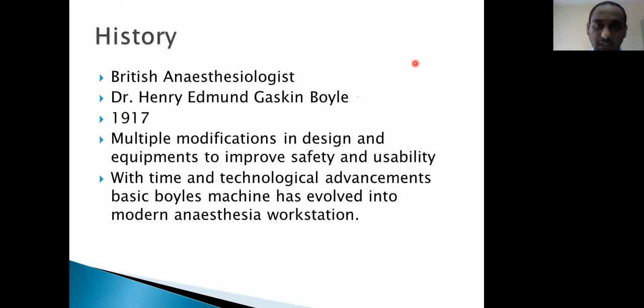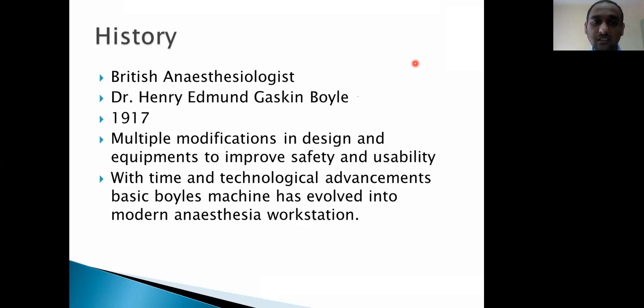The first time that a continuous flow anesthesia machine was used, it was by Dr. Henry Edmund Gaskin Boyle. He was a British anesthesiologist who recognized the need for an integrated machine by which the various anesthetizing and life-saving gases can be administered in a controlled fashion, and which is convenient to use for the anesthesiologist as well as safe for the patient.